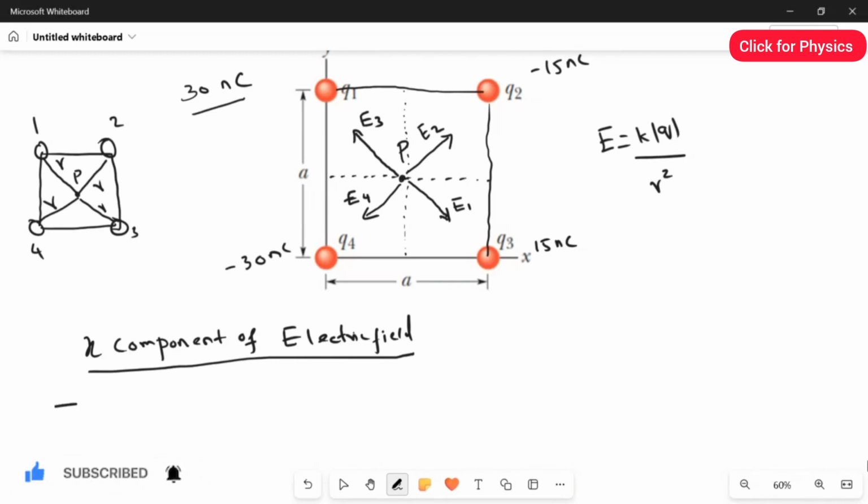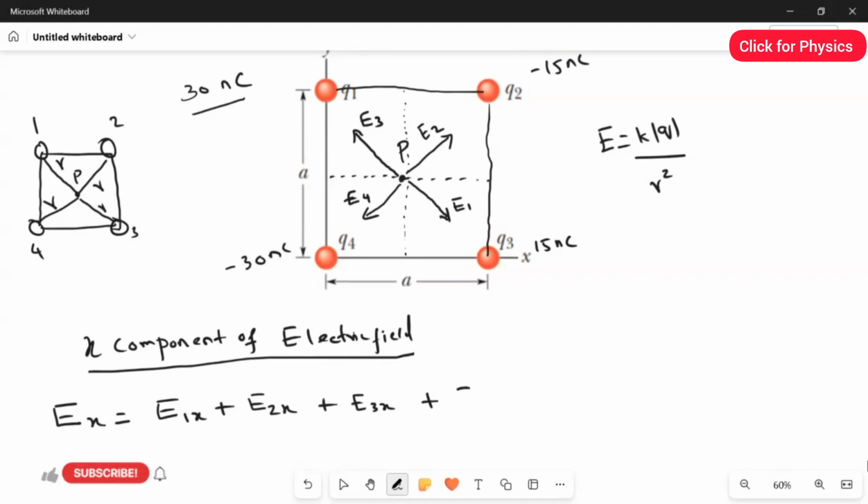The x component of the electric field is equal to the electric field for the first charge, x component, plus the second charge, x component, plus the third charge, x component, and also the fourth charge, x component, and all these are vector quantities, so we have to mention the vector symbol.